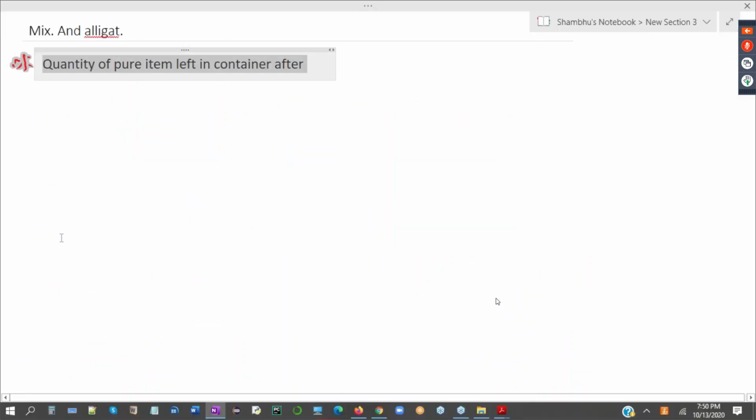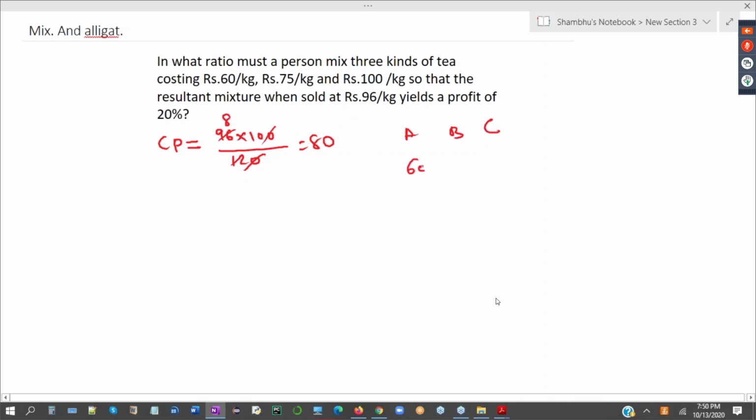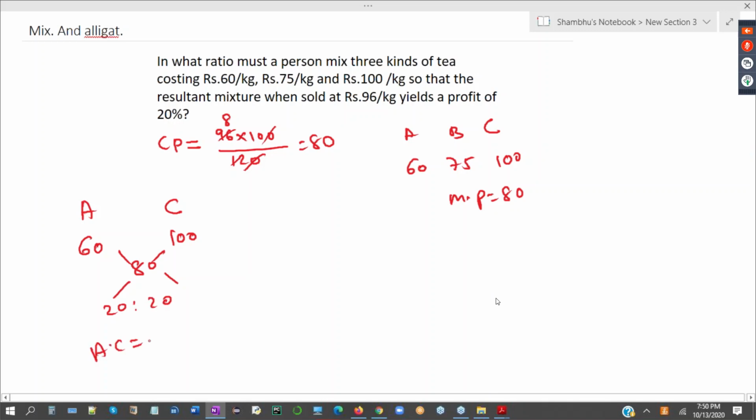Okay, let me do this first. I will calculate CP. CP is equal to 96 into 100 by 120. CP I got 80. Now 3 items A, B, C: 60, 75, 100. Mean price is 80. So the first pair will be A and C. 60, 100, in between 80. 20:20, so A is to C is 1:1.